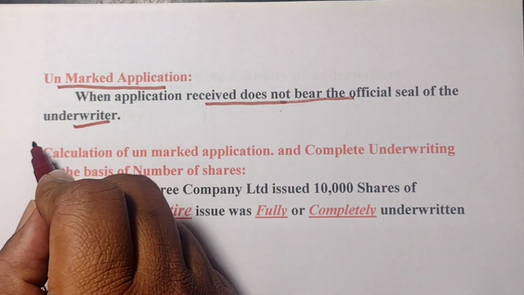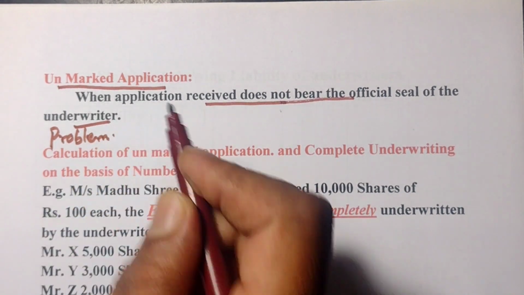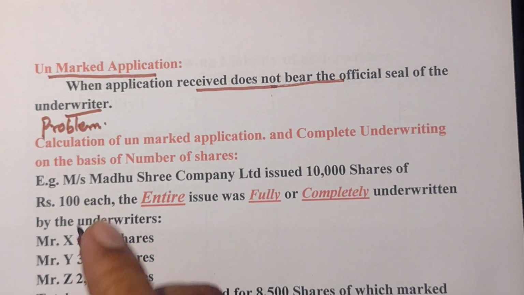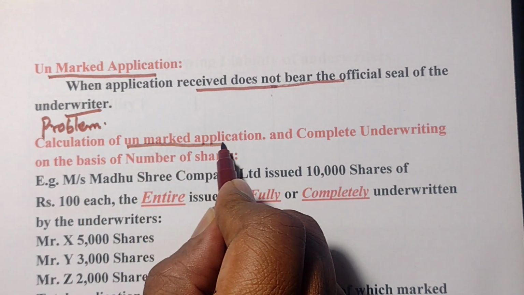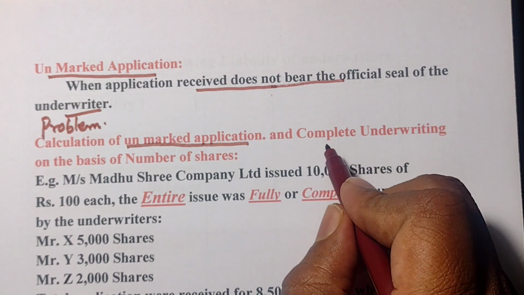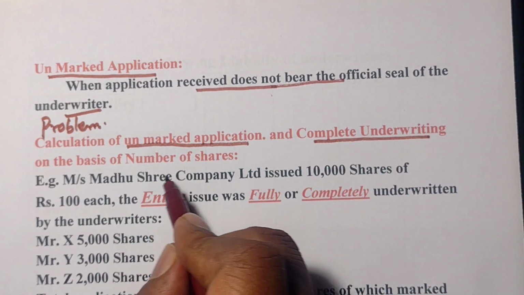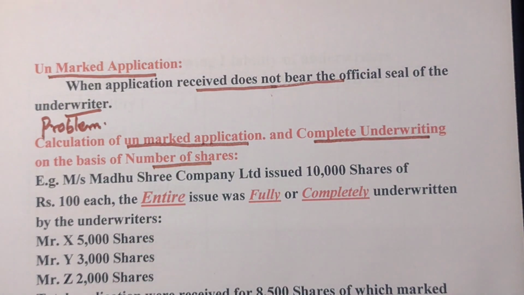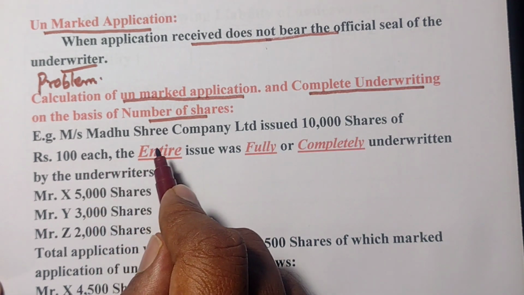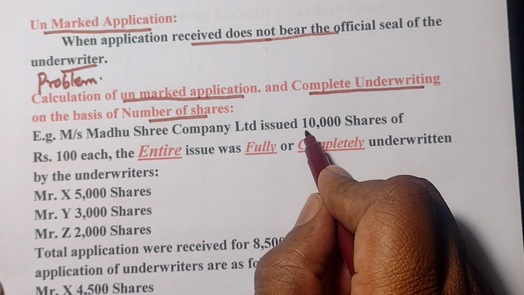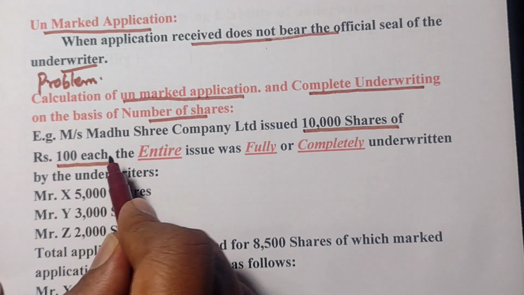Now let me explain one small problem with a simple explanation. In this problem, first let me explain how to calculate the unmarked application, and this problem is one of the methods of complete underwriting on the basis of number of shares. The example is that Madhusri Company Limited issued 10,000 shares of rupees 100 each.